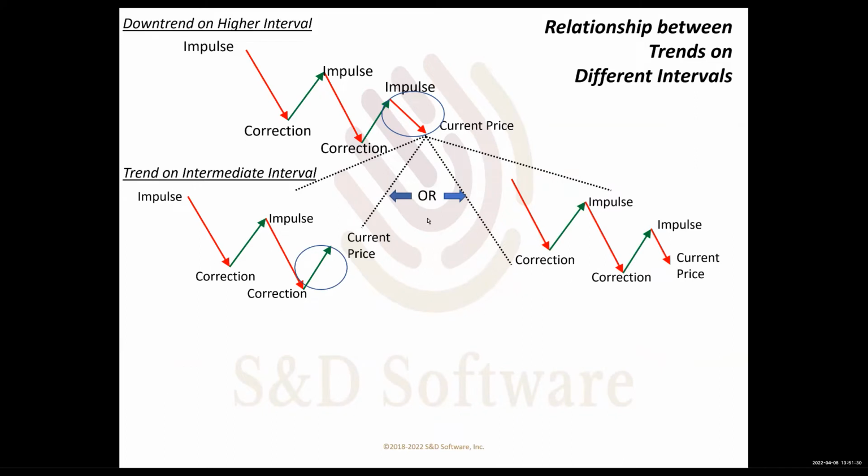Now, let's go back and look at the case where, again, we have our downtrend on the higher interval. We're in the impulse move on the higher interval, and that becomes the trend on the intermediate interval. But on the intermediate interval, we're in a correction.